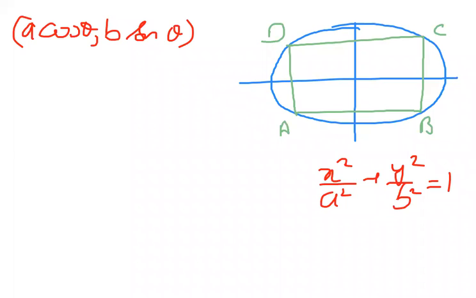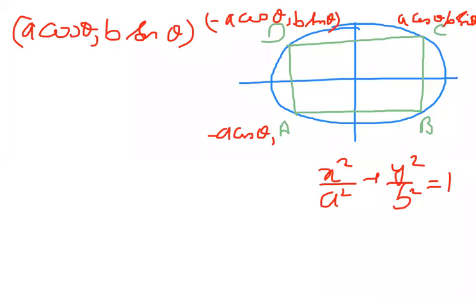This one will be minus a cos theta, b sine theta. In this one both are negative: minus a cos theta, minus b sine theta. The last will be a cos theta, minus b sine theta.